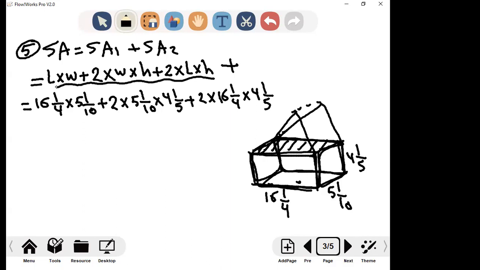Now surface area 2 means 2 multiply the area of the triangle, right? Half BH for the triangle. Plus. Now the 2 rectangles to the left and to the right, they are congruent.